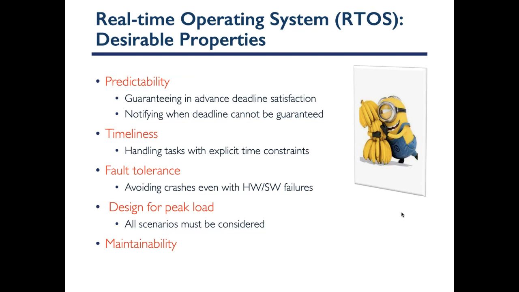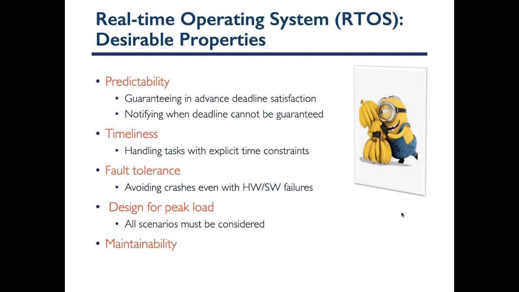So we want to say, for instance, if the utilization of the system is less than 100%, if your system is not overutilized, then every task will meet its deadline. That's basically what predictability means. We want a real-time operating system to have timeliness, meaning that it has to be able to deal with time constraints that tasks could have: hard, firm, or soft deadlines.